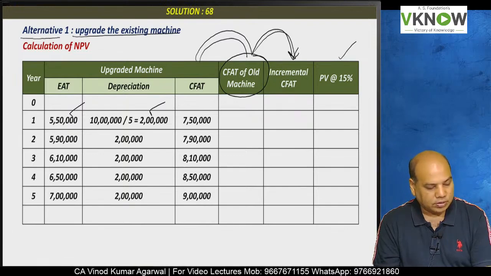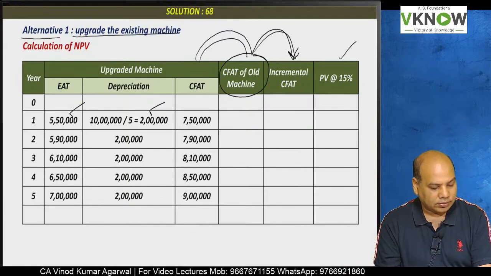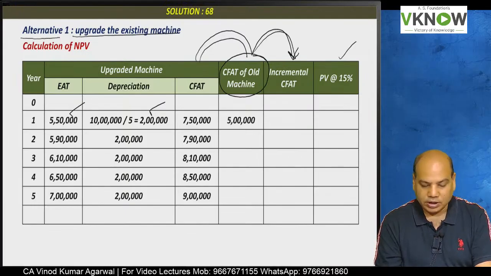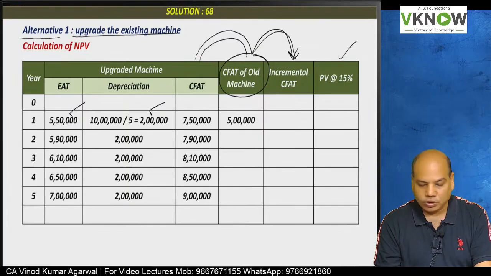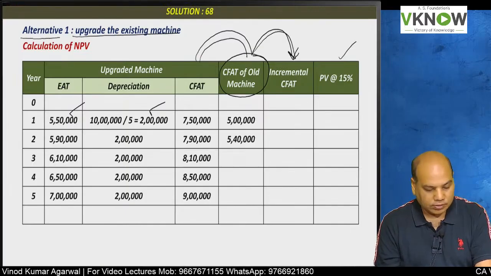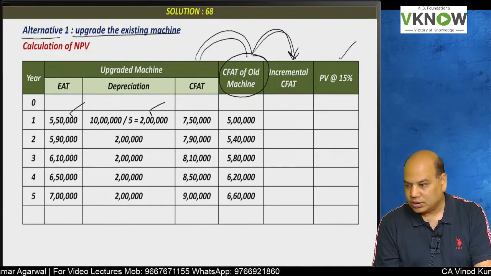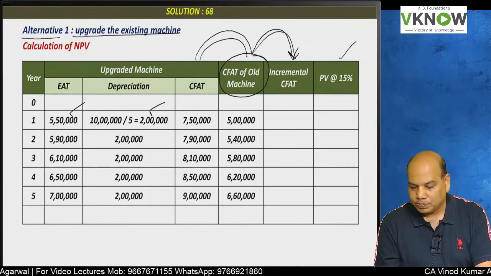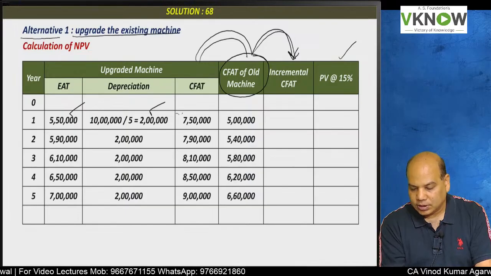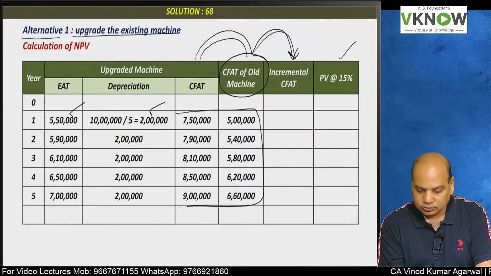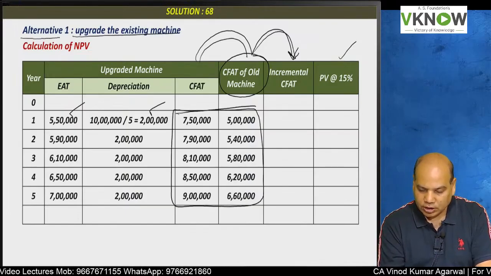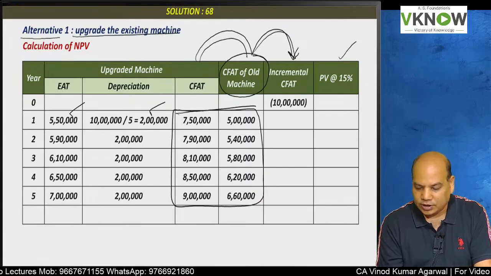CFAT of the old machine: in the question, in the old existing machine column, earning after tax is CFAT for the old machine. Please copy the same figures. Now compute the difference, compare these columns, and write the incremental CFAT.